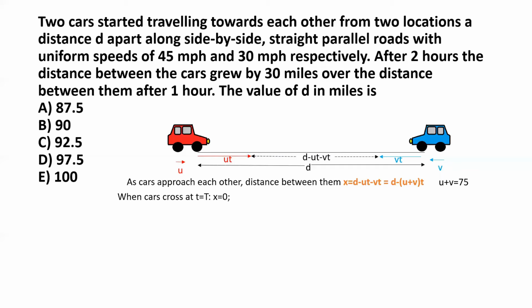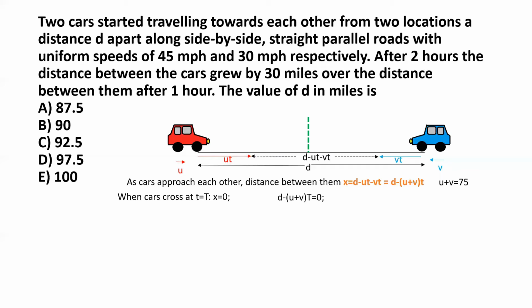At that particular time, the distance between the cars will be 0, because they're crossing each other. So in that orange equation, I substitute x equal to 0, and substitute small t by capital T, my time of crossing, and let's represent that point of crossing by this green dotted line on the figure.